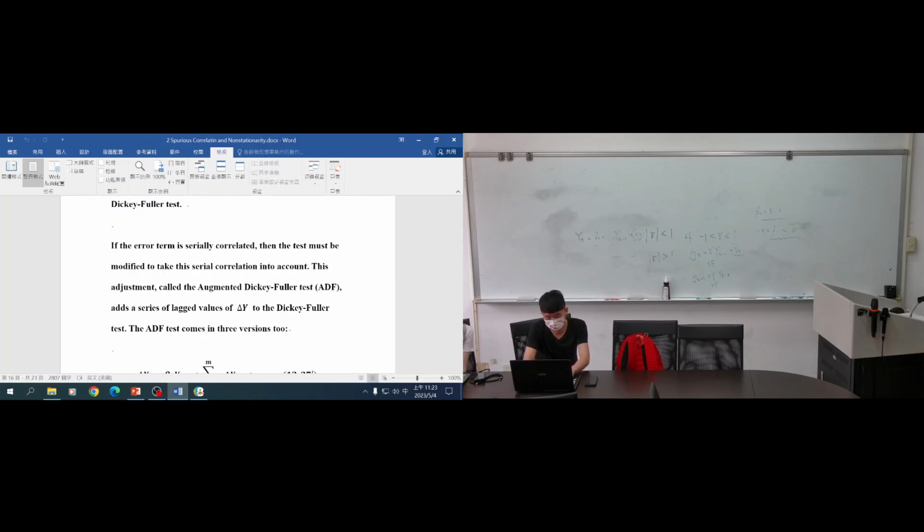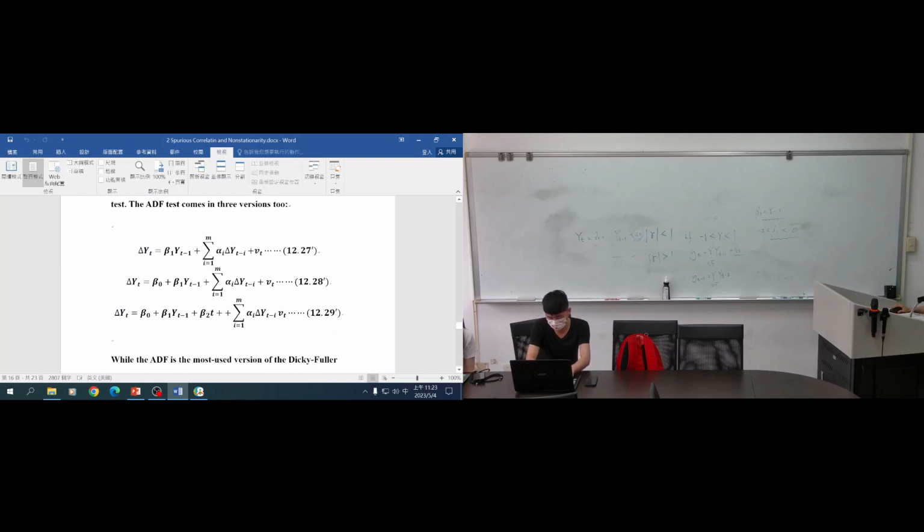And this adjustment is called the augmented Dickey-Fuller test. What we are going to use, EViews, usually automatically uses the ADF, meaning the augmented Dickey-Fuller test. Then equations 27, 28, and 29 become this one.